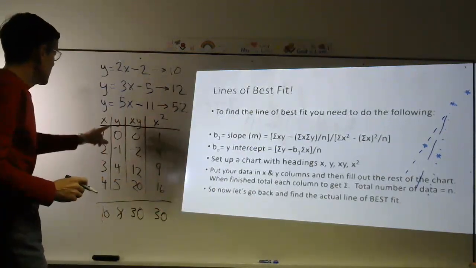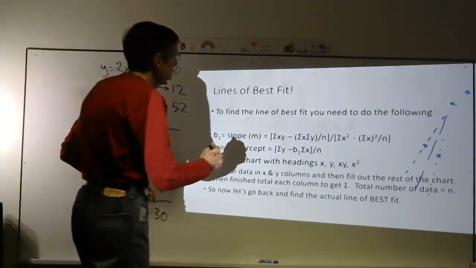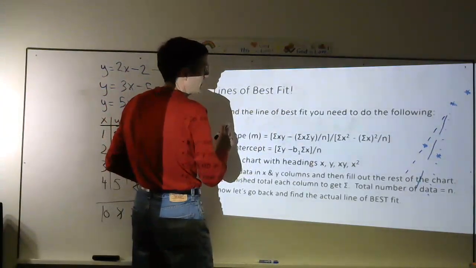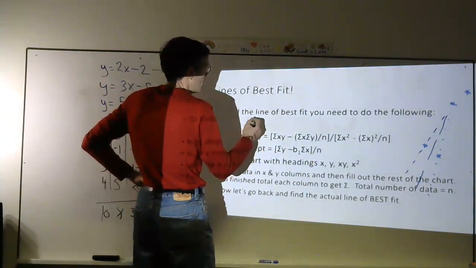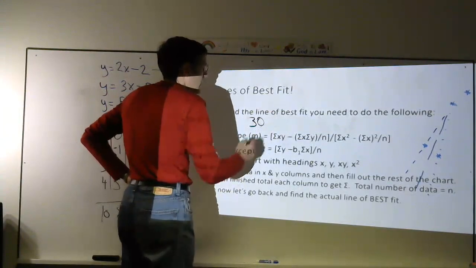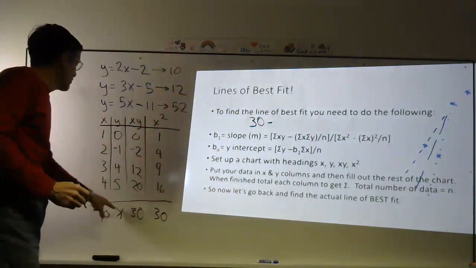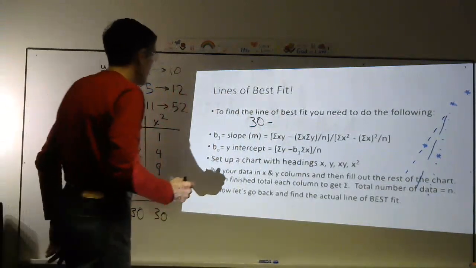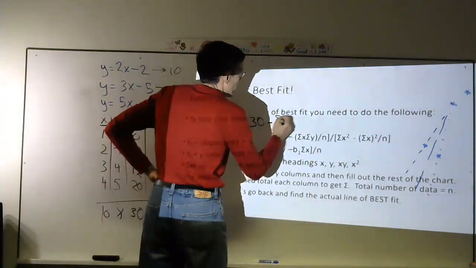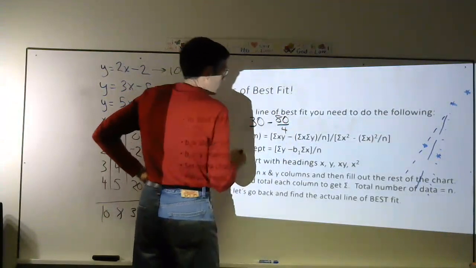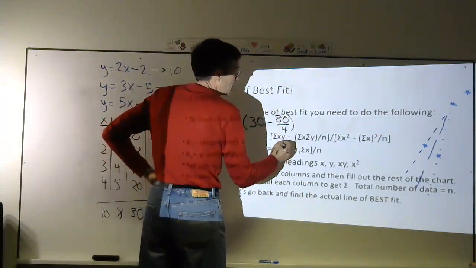The summation of the xy's is 30, minus the summation of the x's times the summation of the y's. 8 times 10 is 80, divided by 4. Okay? 4 items of data.